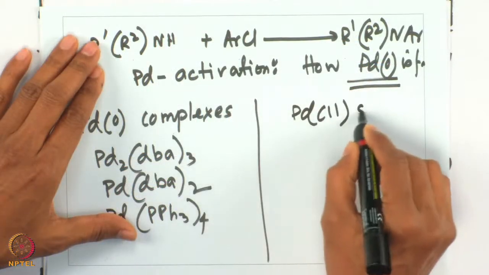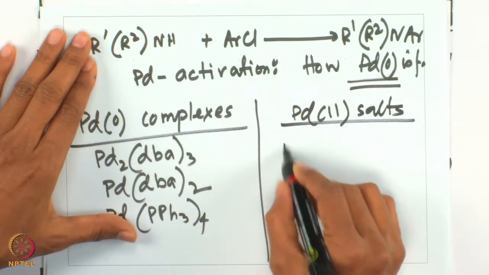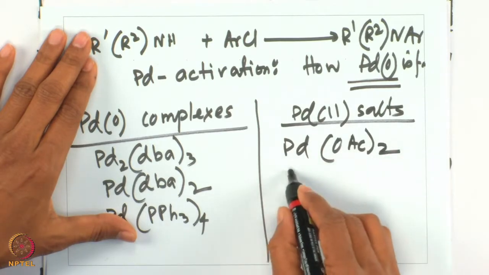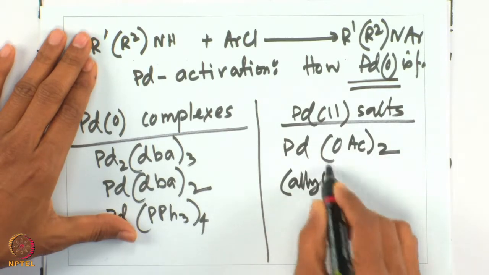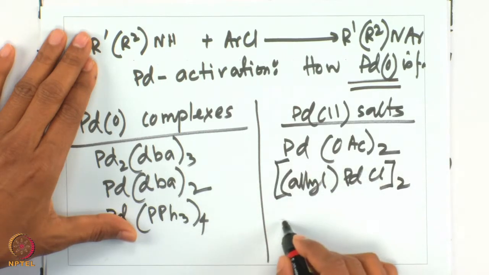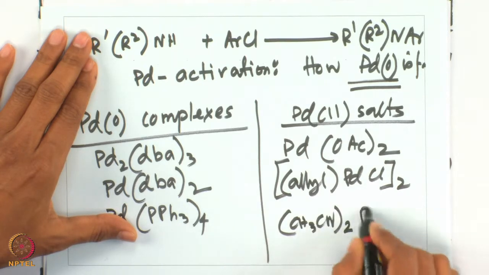What are the palladium 2 sources we usually use? Let us look at that. Palladium 2 salts, we have seen examples previously. To put it in perspective, palladium acetate is what a lot of people use, also allyl palladium chloride dimer, or bis-acetonitrile palladium chloride.